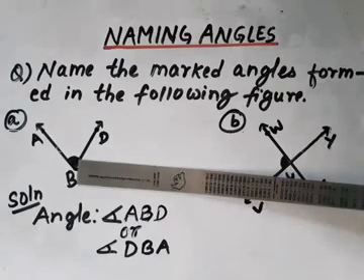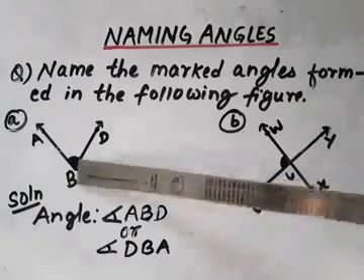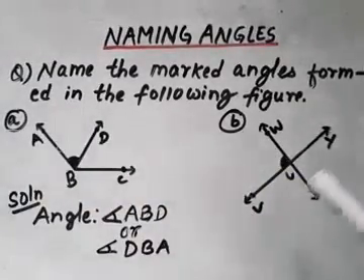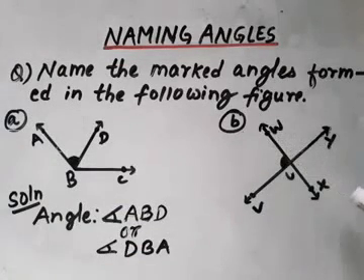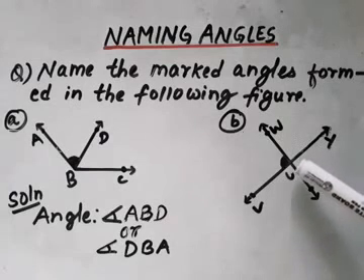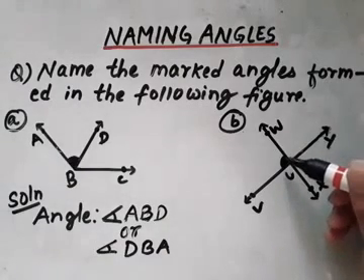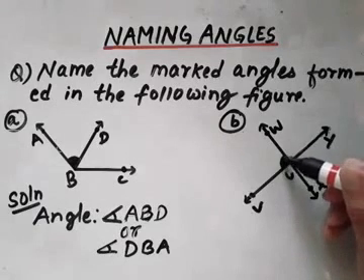So students, similarly in question number B, you can see there are two lines VY and WX, they have intersected at point U. Now you are supposed to name this marked angle.